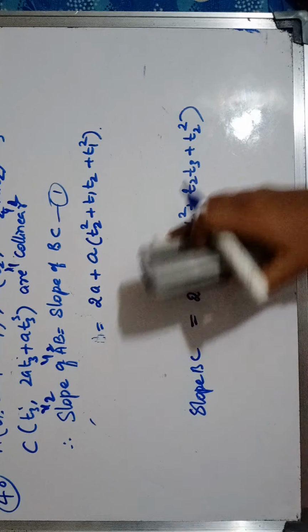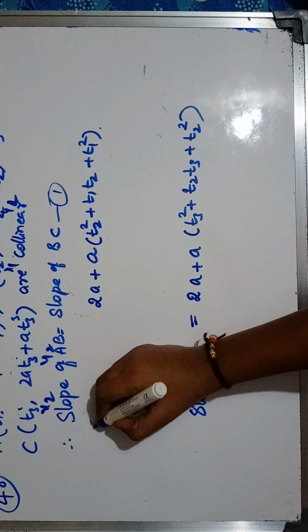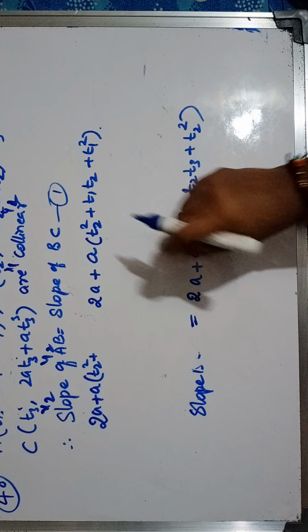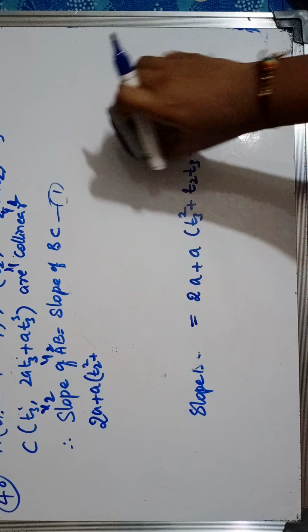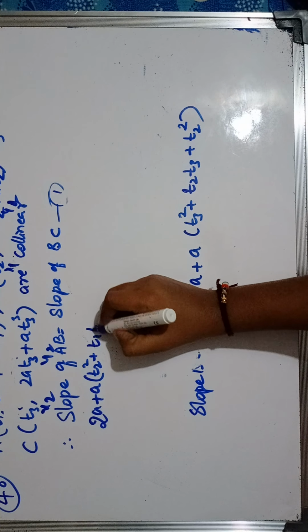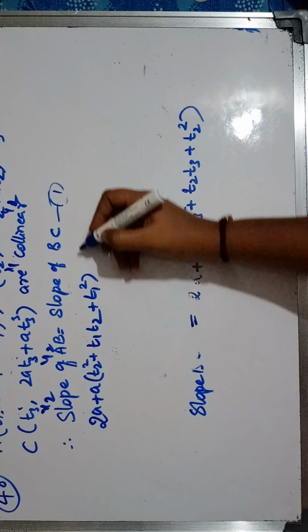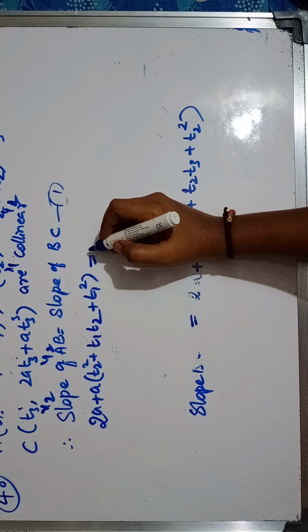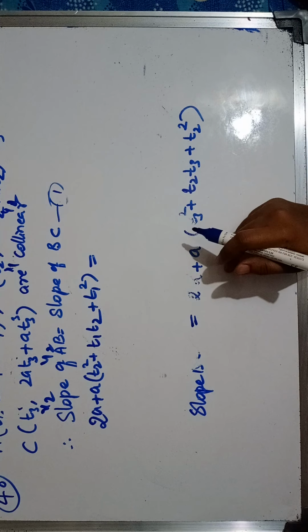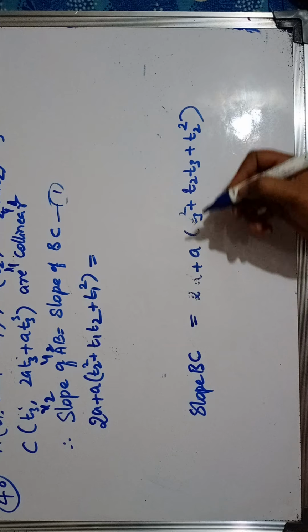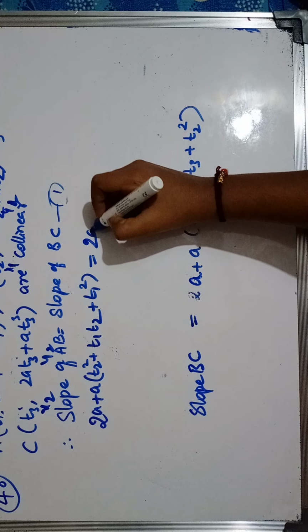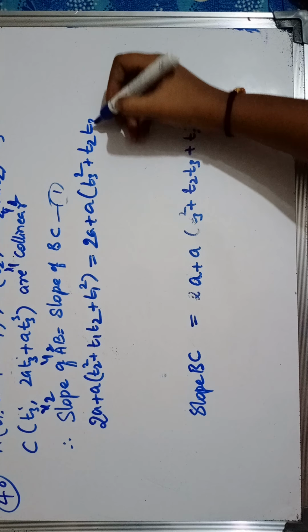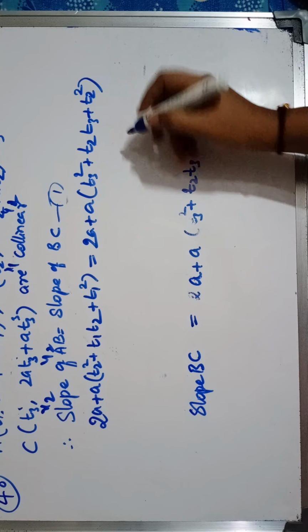So what we have got: slope of AB, which is 2a plus a into t1 square plus t1 t2 plus t2 square, is equal to what we have obtained for slope of BC. This is 2a plus a into t3 square plus t2 t3 plus t2 square.